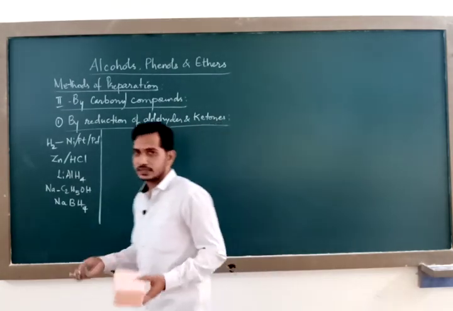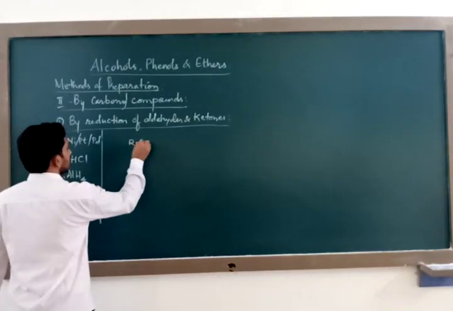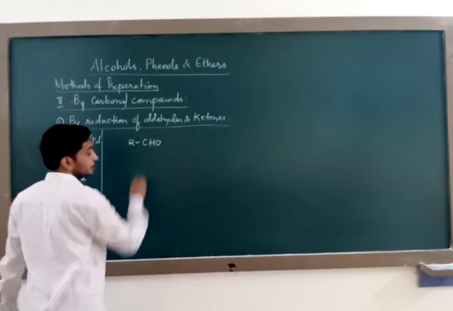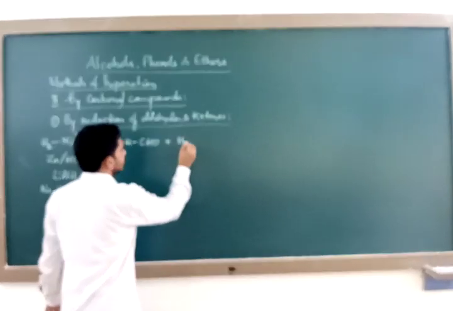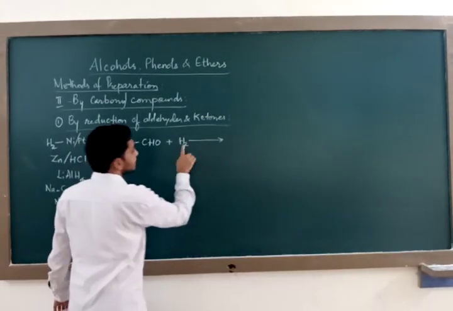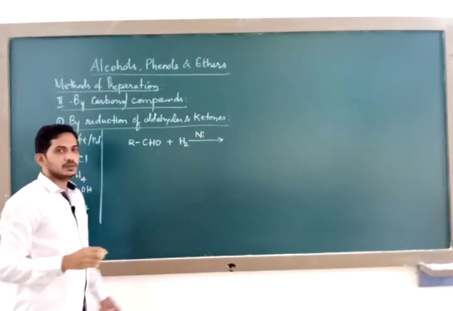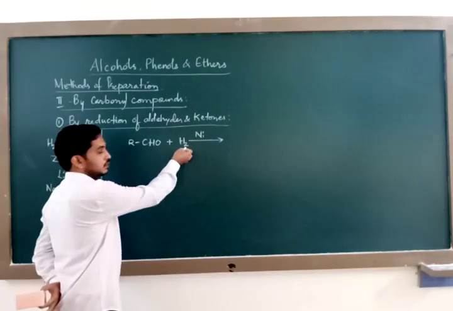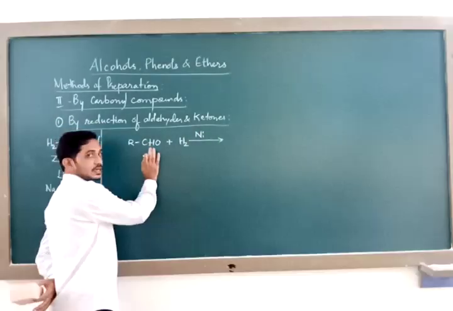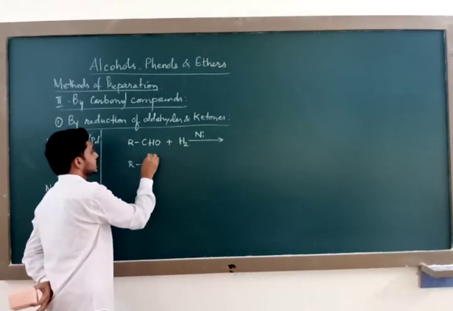Now let us see how it is done. You choose any one aldehyde, say RCHO. Now if you are reducing this by using catalytic hydrogenation, that is by using gaseous hydrogen in presence of nickel or platinum or palladium, you need not write all the three, any one is enough. Write it as it is, or else you can write it in its structural form.